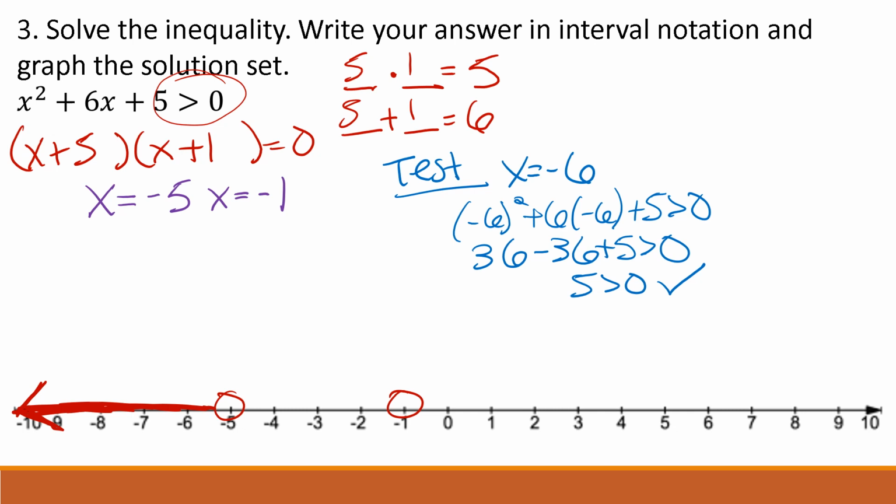Then I know that I should also shade the opposite direction. If we did this -6 and it doesn't work, then we would need to go in the middle and test something. And if that works, then all you need to do is shade in the middle between the two.